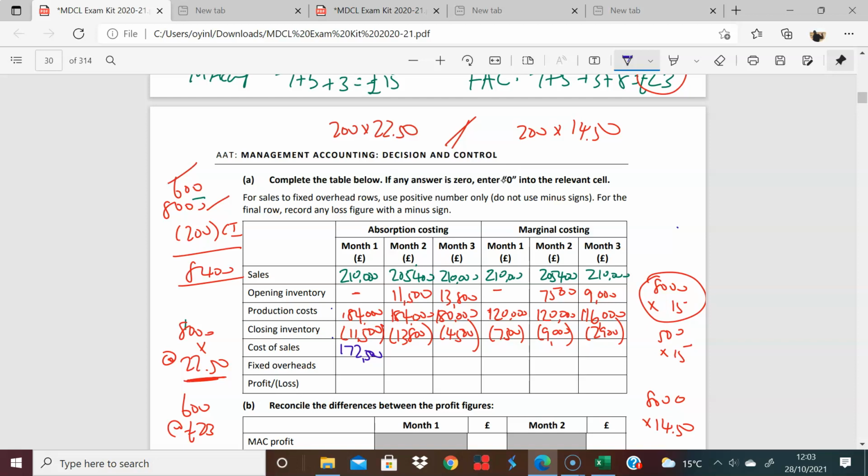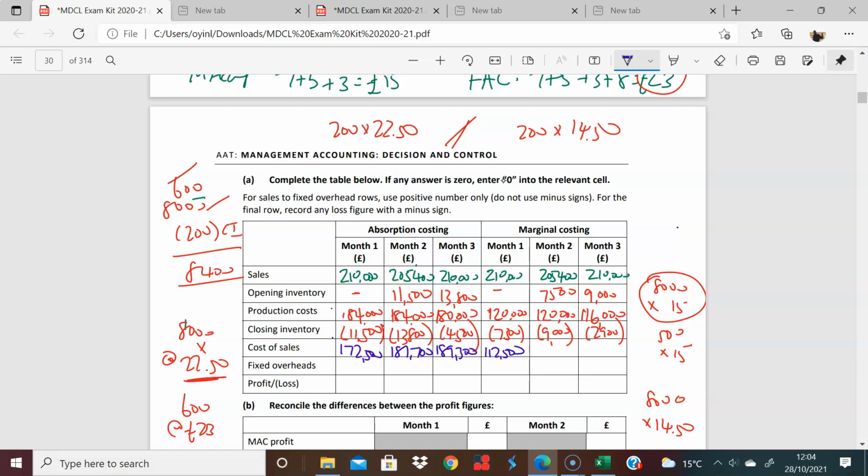11,500 plus 184,000 minus 13,800. And here I have 181,700. And then doing the same thing here, I have 13,800 plus 180,000 minus 4,500, and I have 189,300. Doing the same thing here, I will have 100, like I said, it's just a bit of a long-winded thing, minus 7,500, that's 112,500.